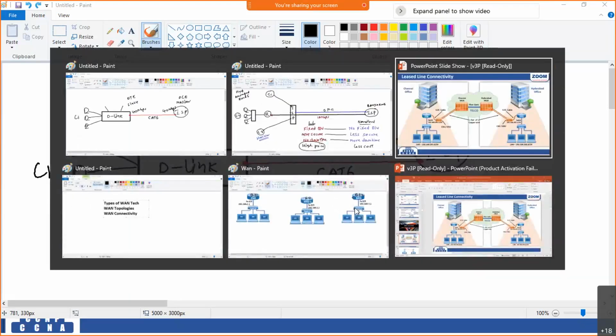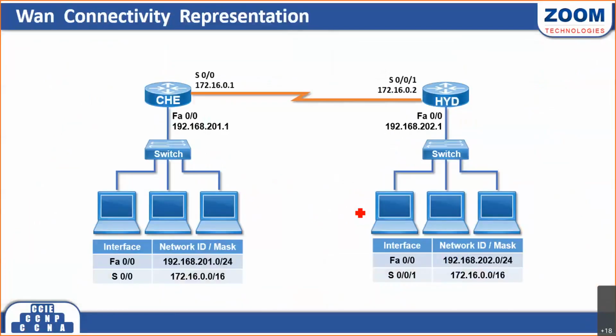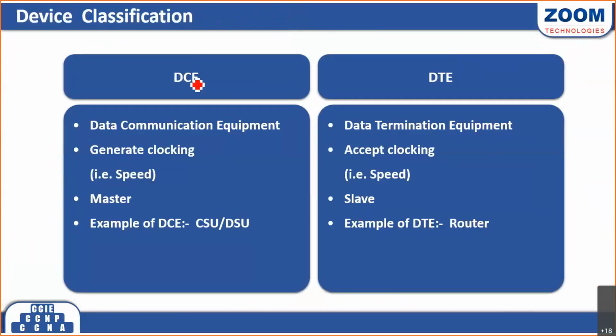Here we'll see the device classification, DCE and DTE. Data communication equipment generates clocking, which is speed, and is the master device. An example of DCE is a modem or service provider device.